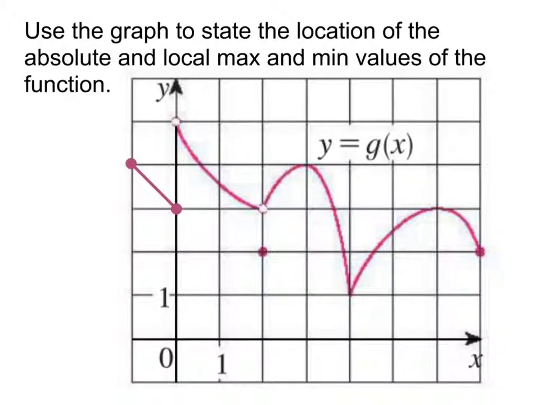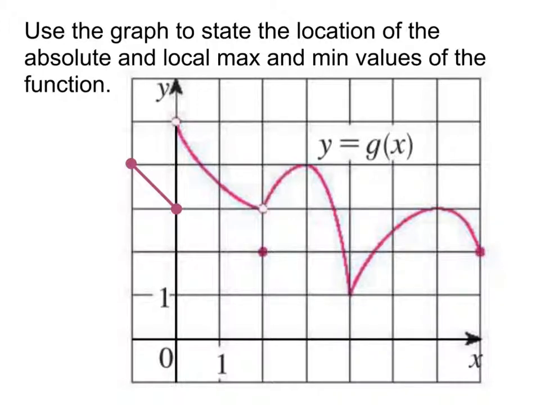We're going to use those definitions to figure out where are the absolute and local maxima and minima for this particular graph. And again, I'm just going to go through it piece by piece. So let's start here at -1. Is this point anything? Well, it's at an endpoint, so it can't be local.